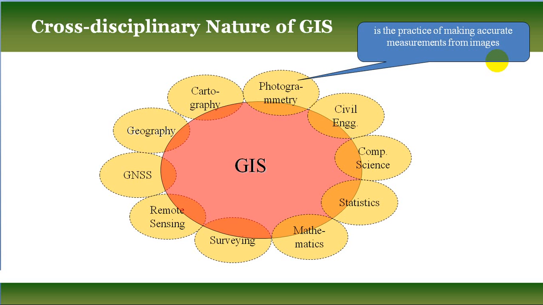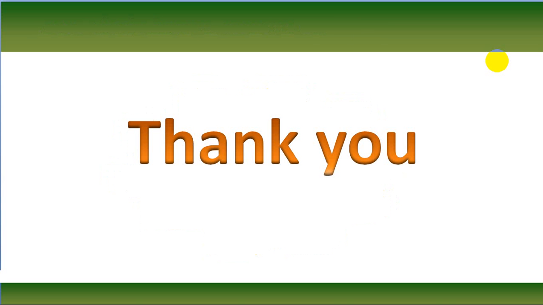So these are the main disciplines or technologies that are directly related with GIS, and I just tried to present some of these main disciplines, interdisciplines or technologies related to GIS. So thank you.